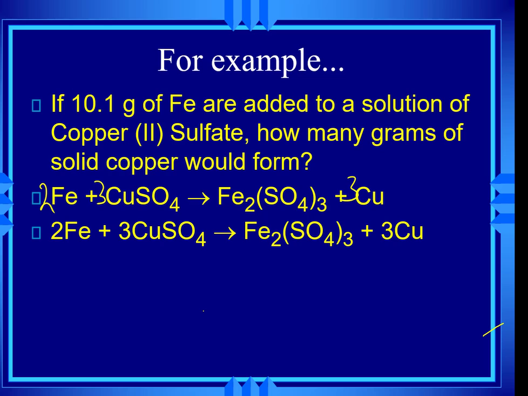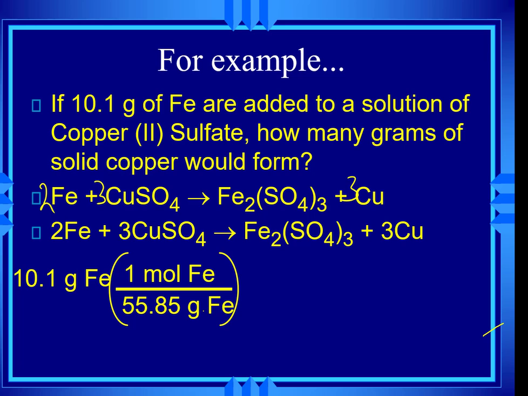Now I can take the 10.1 grams of Fe. Now, what unit do I want to get rid of? Well, grams of Fe. Where's it got to go? On the bottom. What can I turn grams of Fe into? I can turn grams of Fe into moles of Fe.